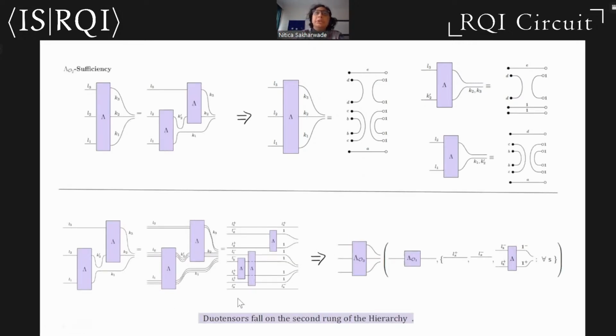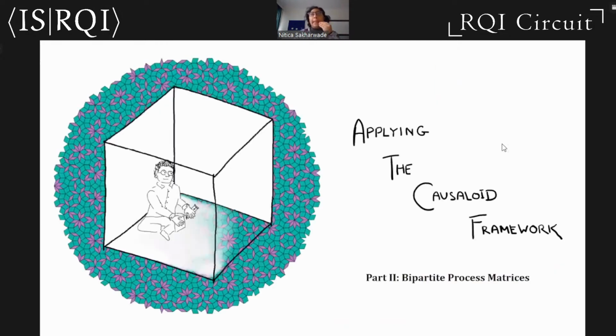But what we do is we show that you can actually describe any lambda O3 matrix in terms of the tomographic compression and compositional compression of 2 regions. And therefore, we can conclude that the duotensors fall on the second rung of the hierarchy we introduced. But the duotensors are a kind of post-quantum theory, but they don't have indefinite causality.